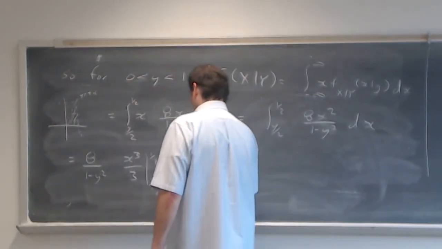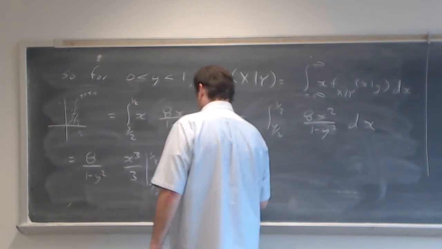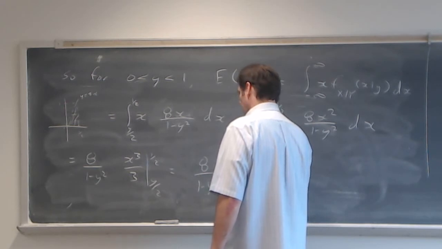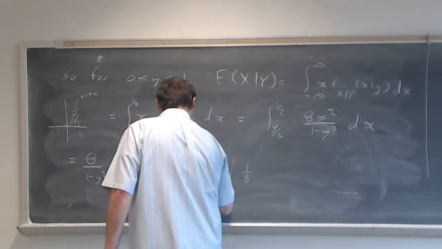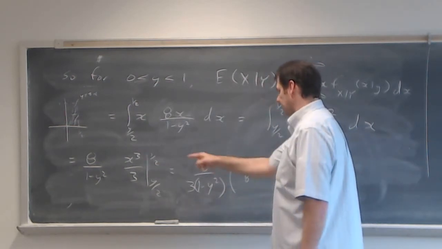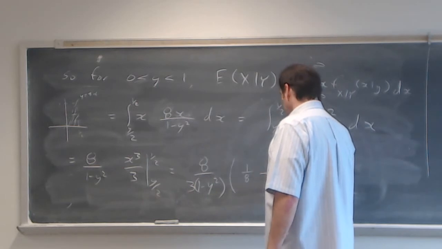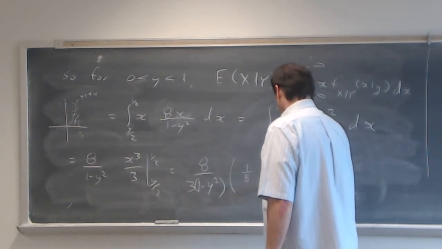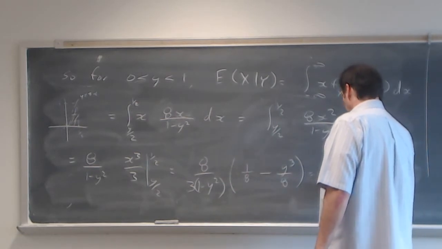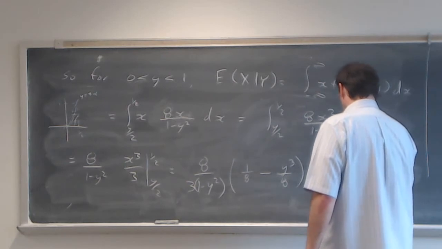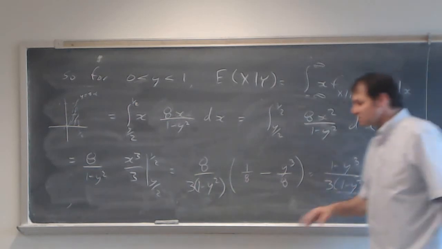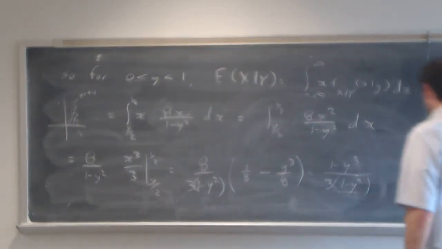This ends up being 8 over 1 minus y squared times, when I stick in 1/2, I just get 1/8. If you want, you can pull the 3 with this. So it's 1/8 minus, when I stick in y over 2, y cubed over 8. The 8's will cancel, and we're left with 1 minus y cubed over 3 times 1 minus y squared. Now that can be simplified, but I'm not going to simplify it. I'm just going to say that's our answer. Sorry about that momentary mistake.